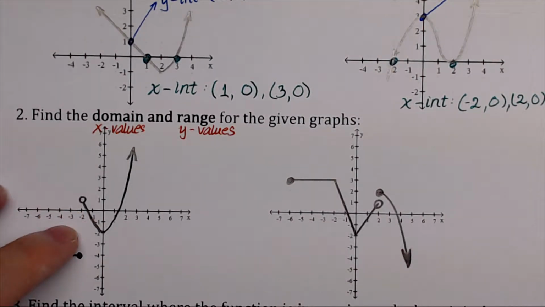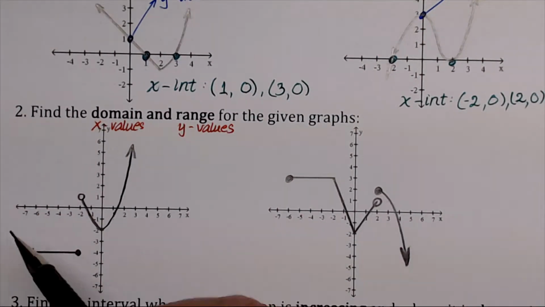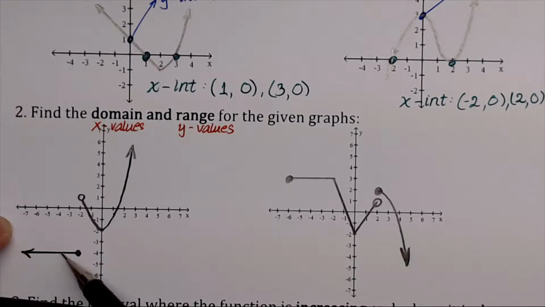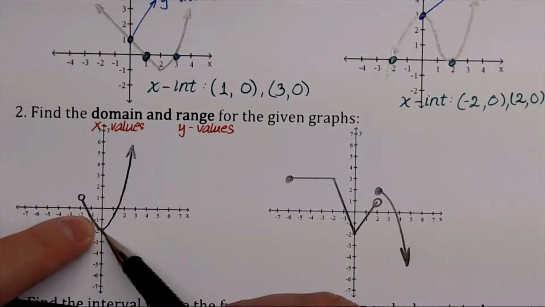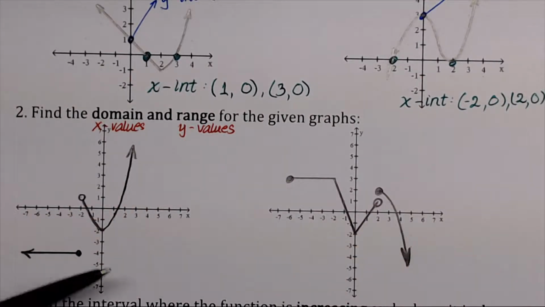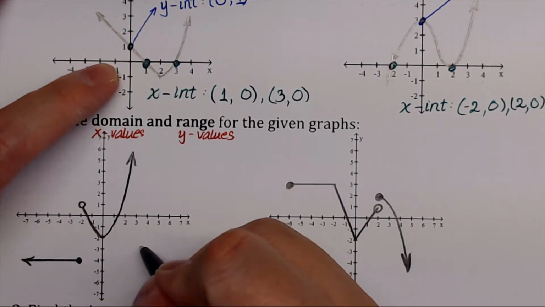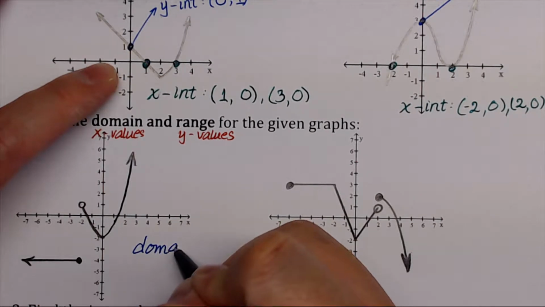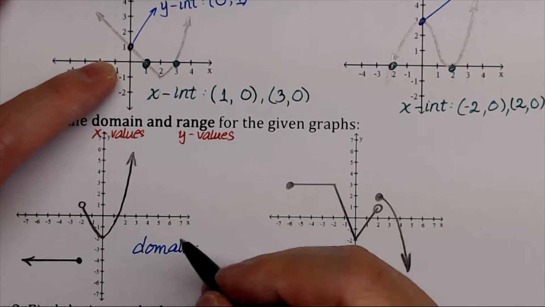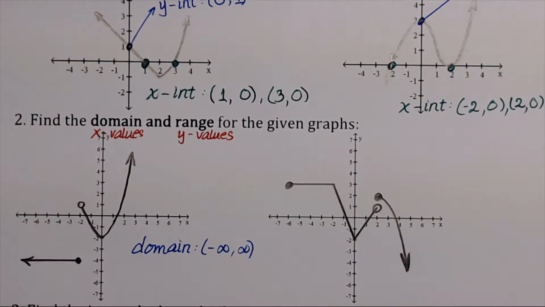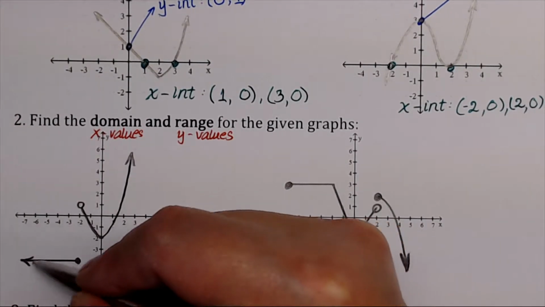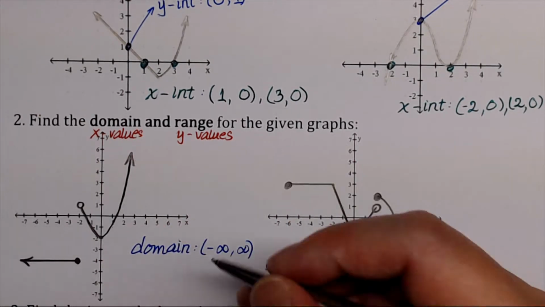On this one, if we look at the x values, it has all the x values from -infinity up to this point and then continues all the way to infinity. So on this problem, we have the domain, all real numbers, and then the range. The range, we only have one y value here, that is -4.